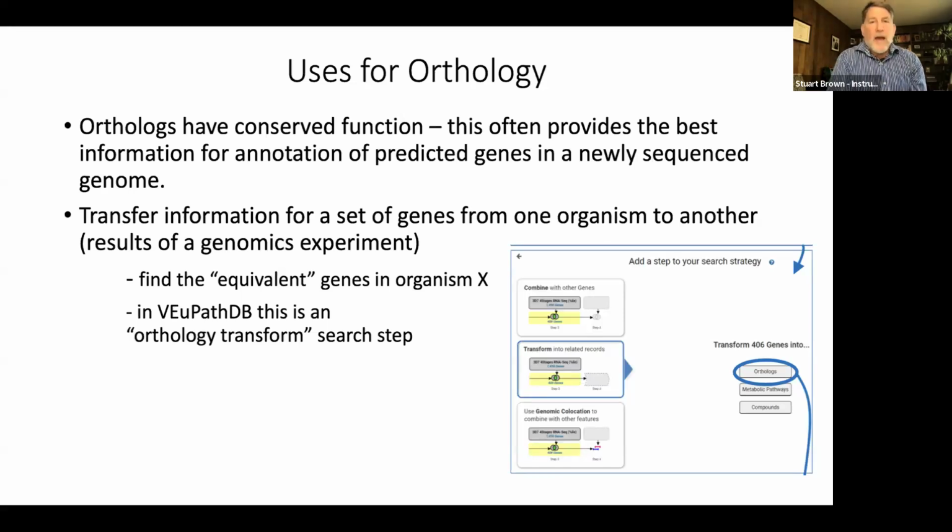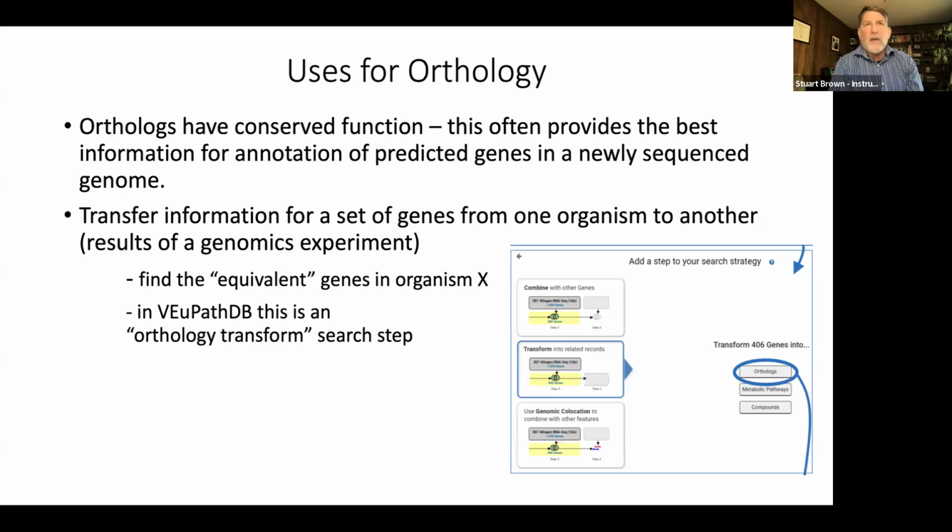Why do we have OrthoMCL in VEuPathDB? Why is it useful and important? Orthologs have a conserved function that often provides the best information when you're trying to annotate genes that don't otherwise have annotation. This might be the newly predicted genes in a newly sequenced organism, or it might be that an experiment has been done in one organism that does not have great annotation and you want to benefit from annotation in another organism.